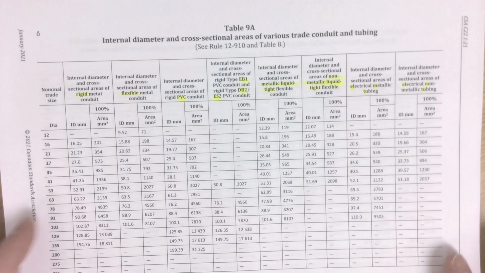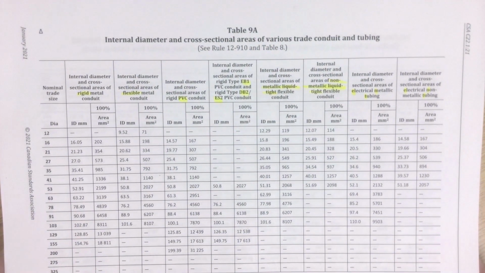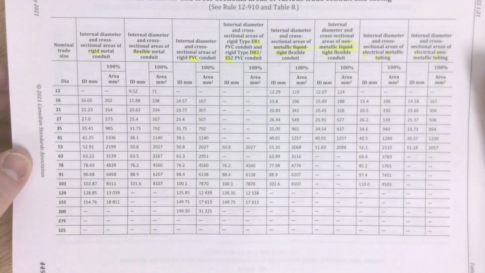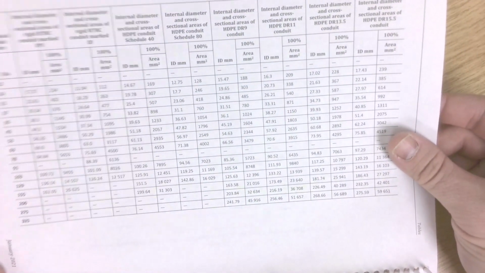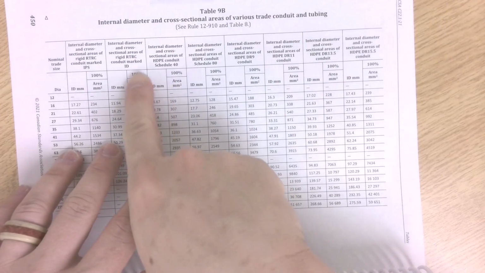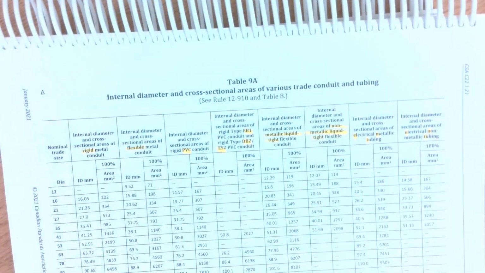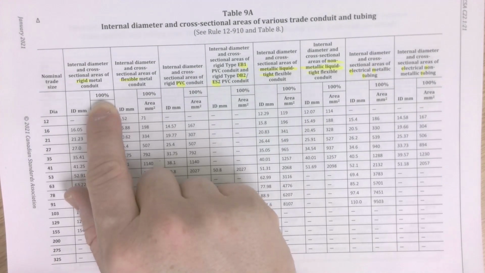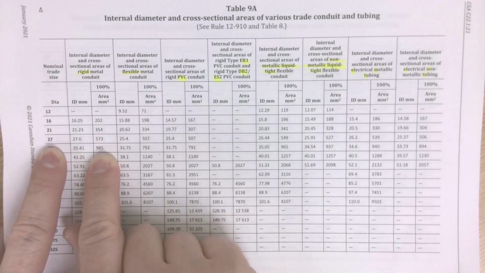So here we are on table 9. And how the table 9s work is we have basically pretty much all of our general types of raceways. On the other side here, we have 9B, which has some more specific types. Okay, but 9A and 9B, for that fact, are giving us 100% of the area of these sizes of raceways.